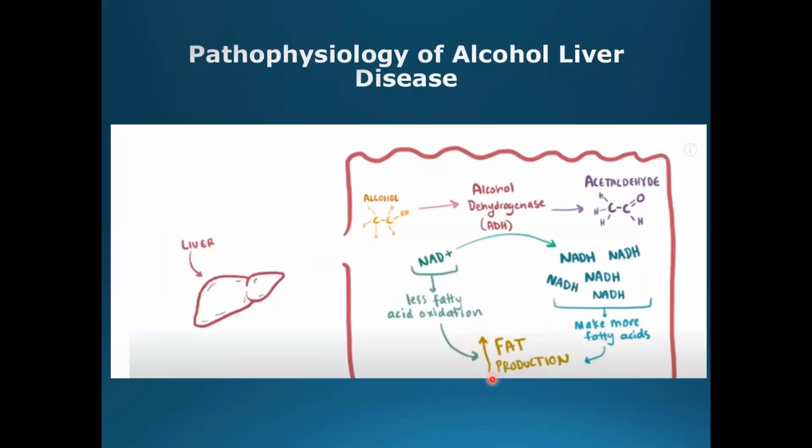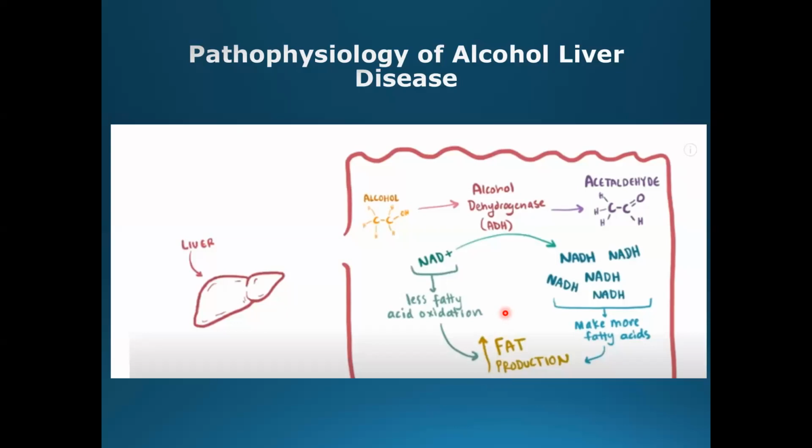So if you ask yourself, how do we go from alcohol abuse to alcoholic liver disease? It is really the deposition of fat. Okay, of course, there's really a multitude of factors that will result in damage to liver cells, but one part of it is going to be the production and the deposition of fat in the liver.